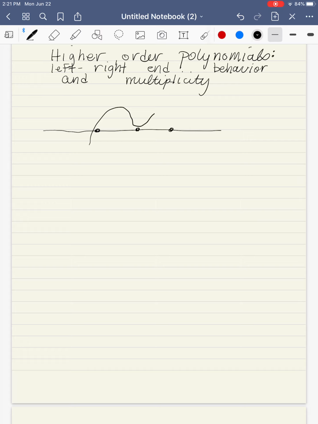After a polynomial leaves its last x-intercept, we're not really sure what the behavior is going to be in between, if it's going through, or we don't really know how that is going to work.